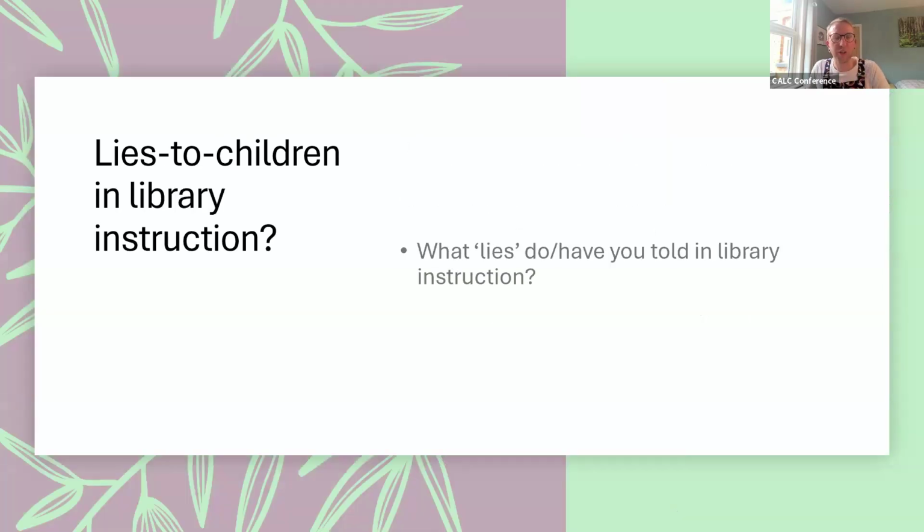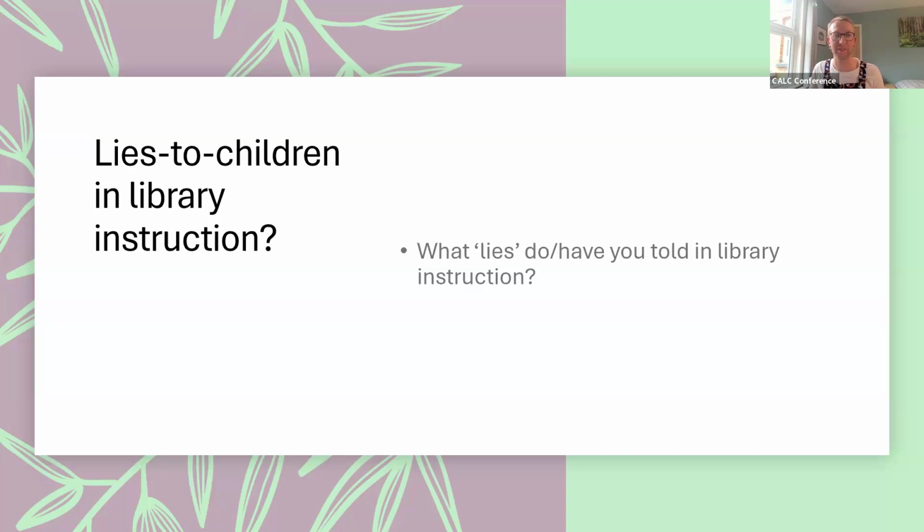So does this concept of lies to children ever come up in library instruction? If you want to share in the chat, have a think if there's any times when you've been teaching students as a librarian or as a library worker, anything which you know to be untrue because you've simplified it so much.